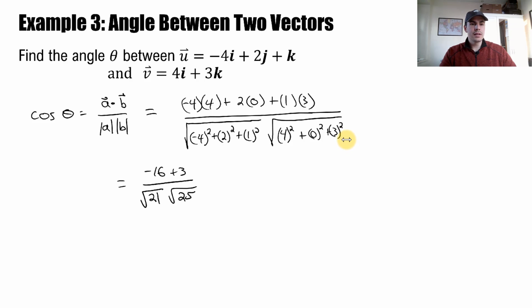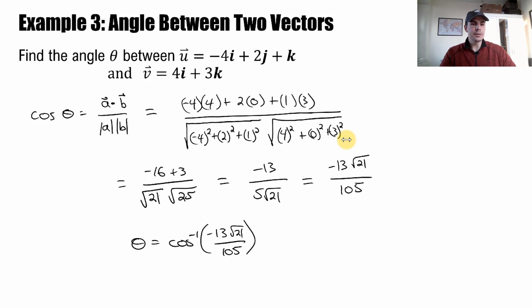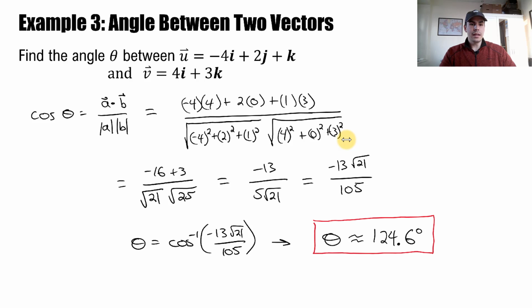That's going to give us -13 over 5 root 21. I can go ahead and rationalize that, although we really don't even need to because we're just going to plug this right into a calculator. I'm going to take the inverse cosine of both sides to find our angle theta. And when I plug that into a calculator, I get theta is approximately 124.6 degrees.